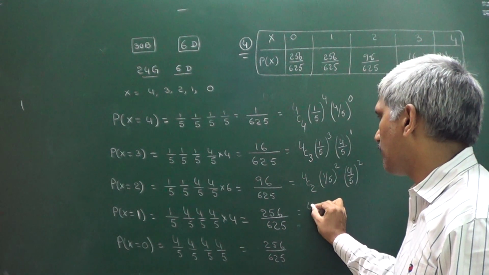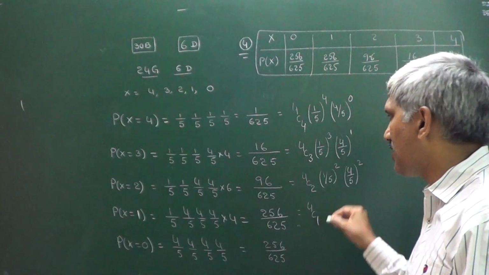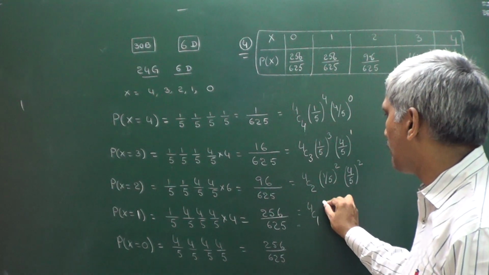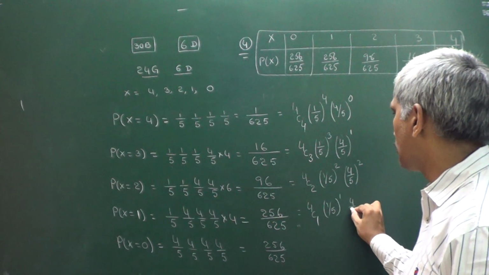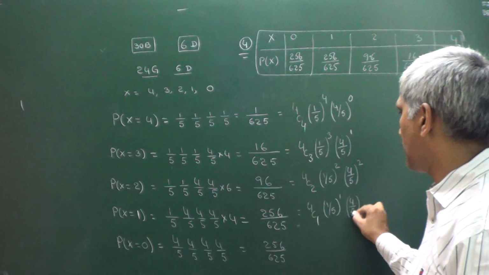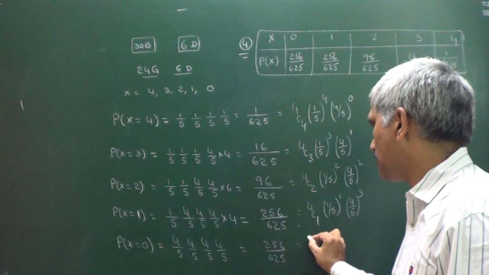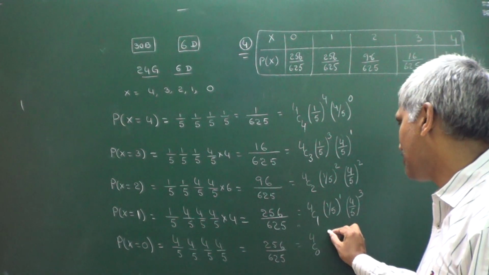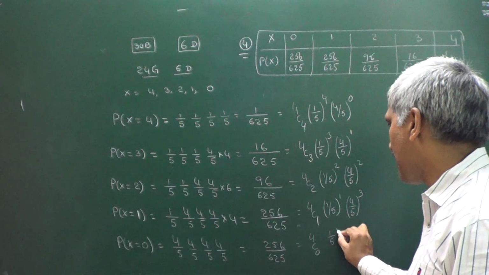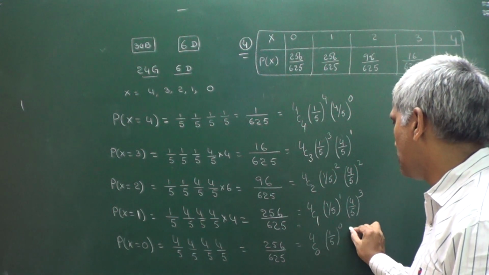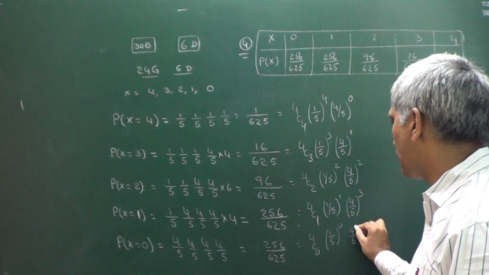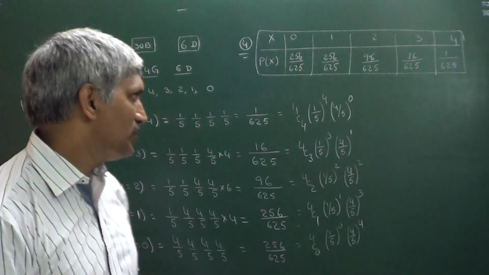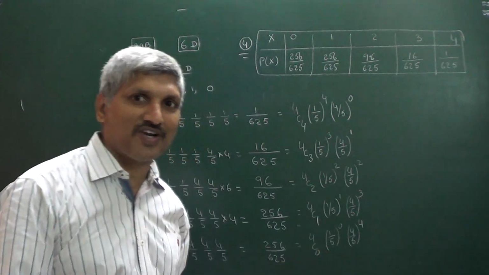Next, out of 4 we have to get only 1 defective, and the remaining 3 good bulbs. Last case is out of 4 no defective: 1 by 5 whole to the power of 0 into 4 by 5 whole to the power of 4.